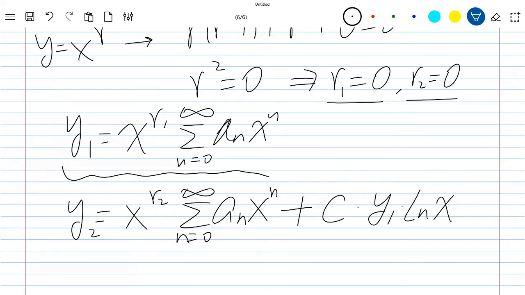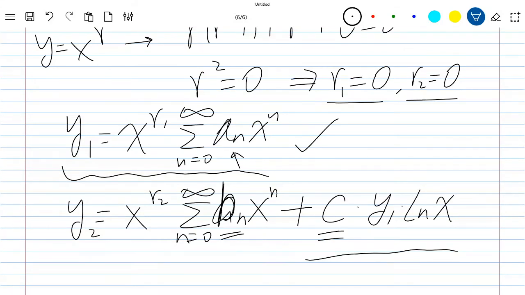But you have to determine this b, this a, and this c from your a_n, or maybe we just call this b_n if you want. So b and c will be determined by that a_n, and that's quite difficult, so we will not do this in this course. We will just say we are happy with just y1, and we will ignore y2. We just know that y2 can be obtained using this extra term.